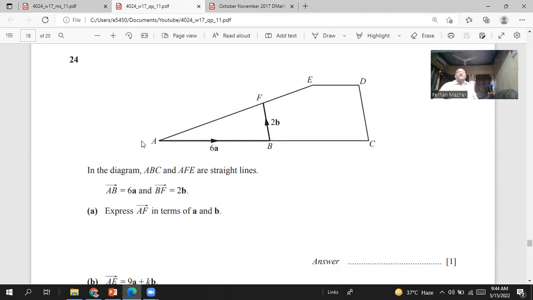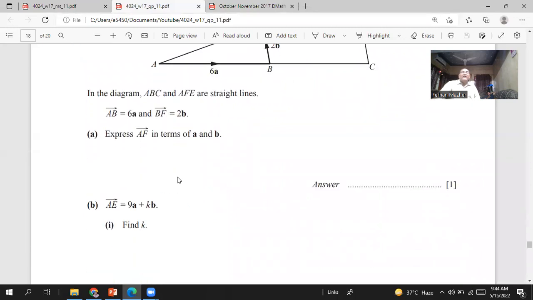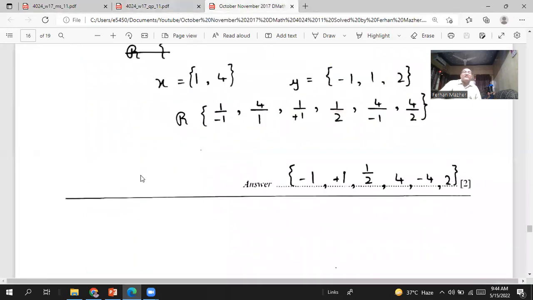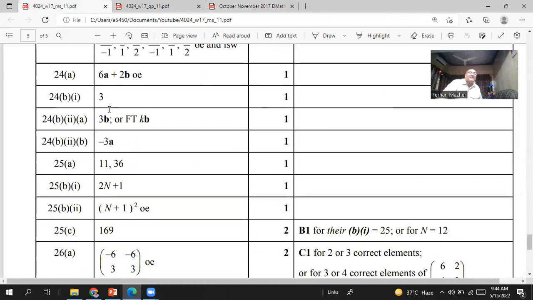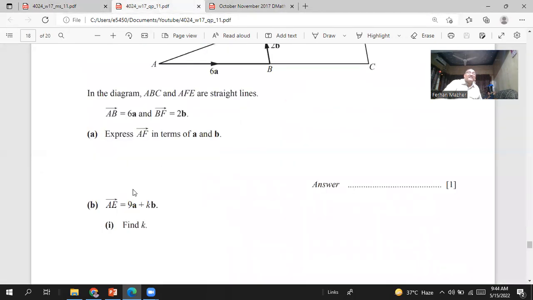Express AF. If you want to go from A to F, you will take the bypass: go from A to B and B to F. So AF will be equal to AB plus BF, and that will be 6a plus 2b. So 6a plus 2b is the right answer, sir.